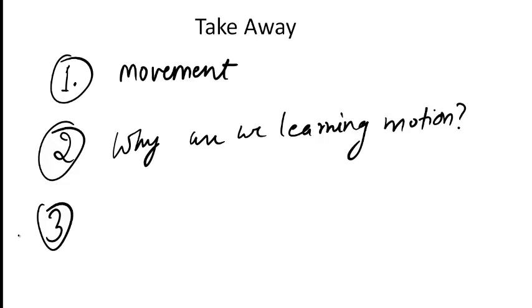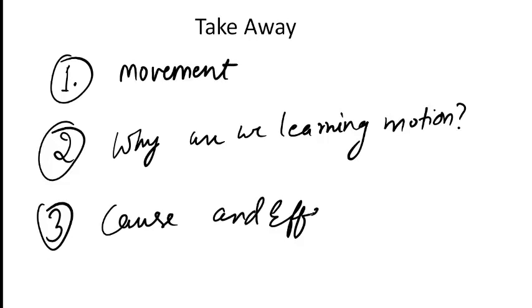And then we'll talk about the cause of the motion, what are the laws behind motion, why is anything in motion at all. So cause and effect would be the final takeaway of this video. In the next video we'll talk about some quantities that we have defined to deal with this phenomenon called motion.